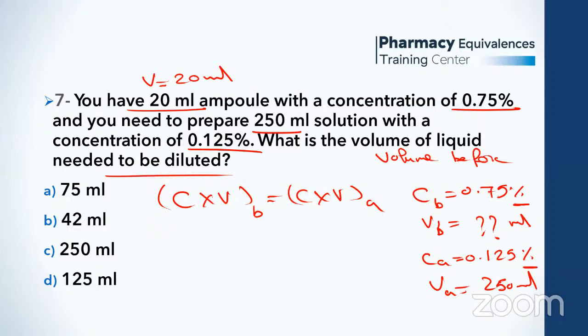Units of volume should be similar, which is present. So directly we can use the formula: C before, which is 0.75, multiplied by V, equals 0.125 multiplied by 250. Then we will get the volume before, which will be 42 ml.